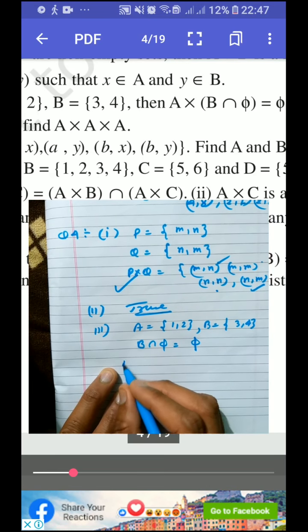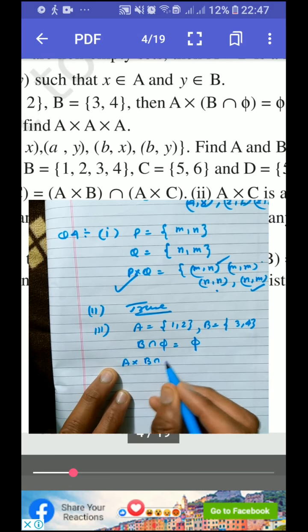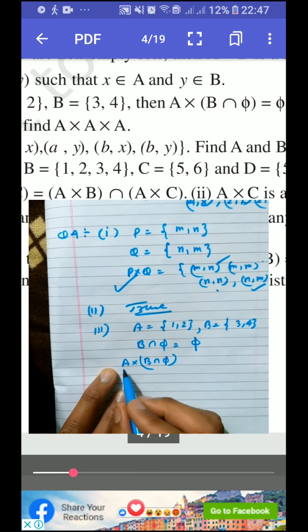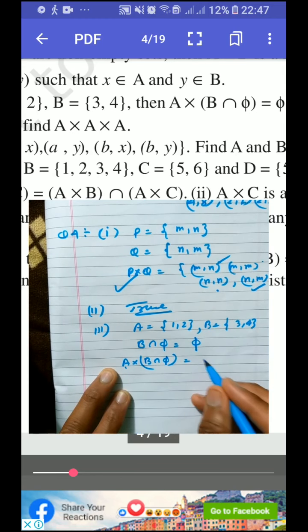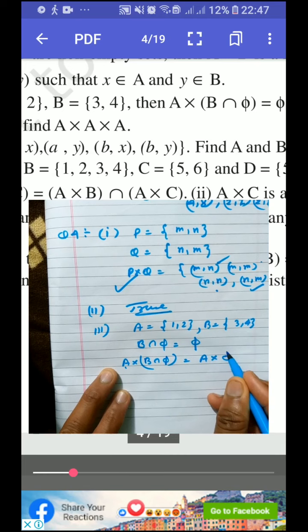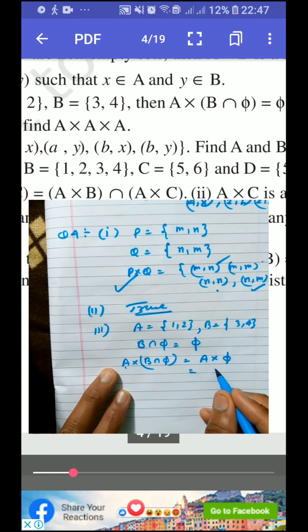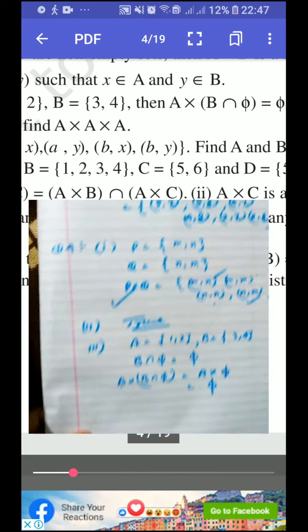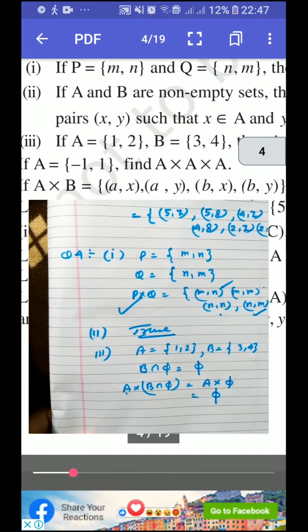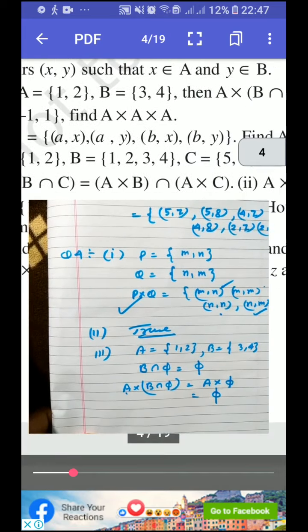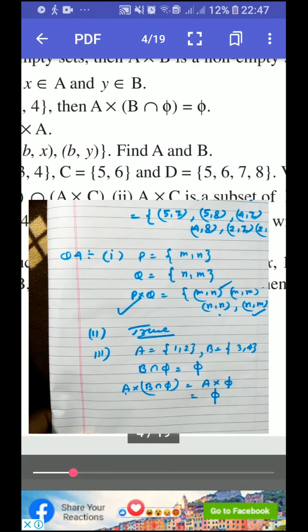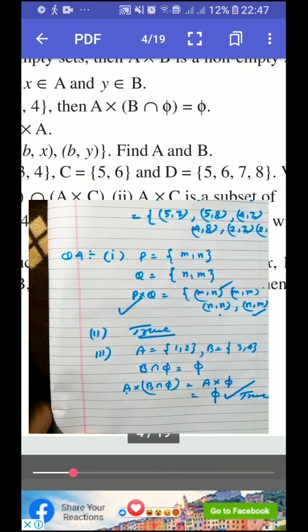Now, the Cartesian product of A with an empty set will be phi. But what is given here? It is written that this equals phi. It is true.